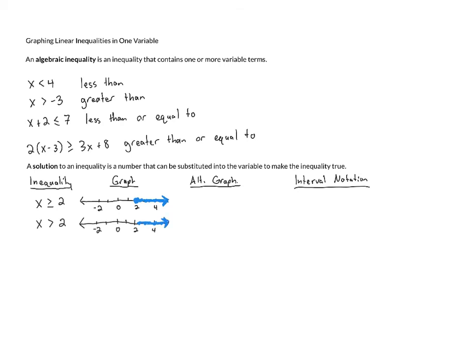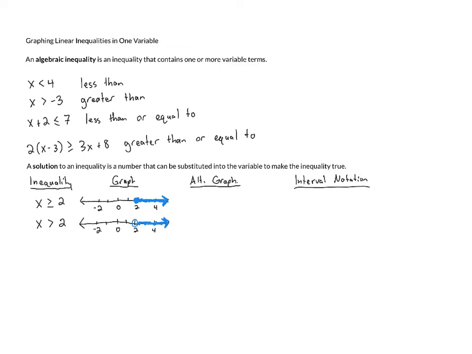But the difference here is that 2 itself is not a solution, because x has to be strictly greater than 2. The way that we represent that is we put an open circle around 2. What that communicates here is that the solutions end at 2. It's everything to the right of 2. But because it's open, that communicates that 2 is not a solution.